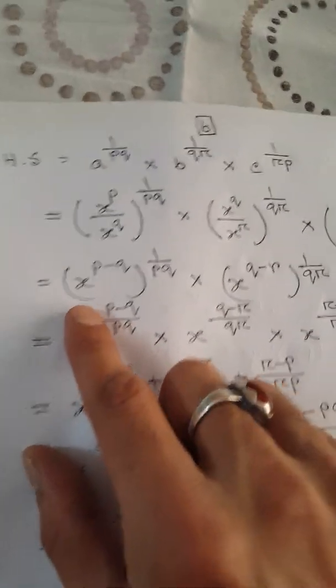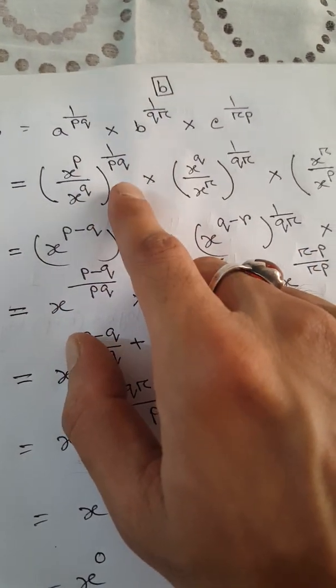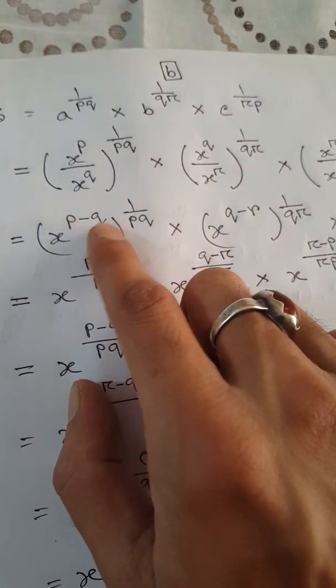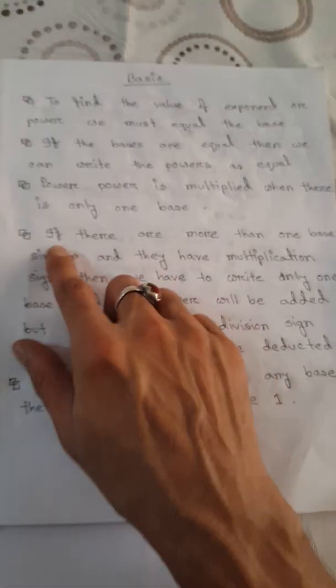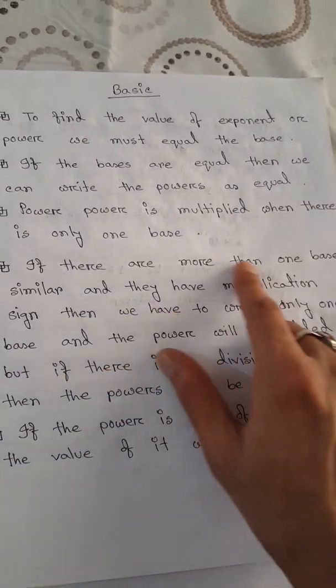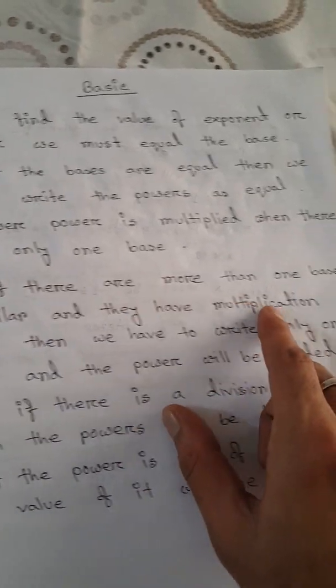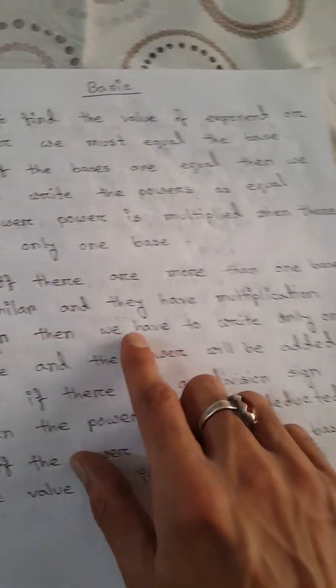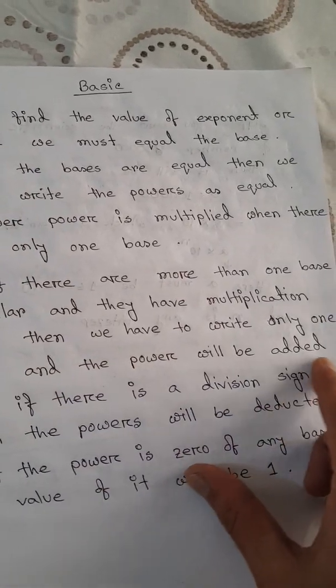Okay, in the third line we write x to the power p divided by x to the power q as x to the power p minus q. Why is that? Here is a simple basic: if there is more than one similar base and they have a multiplication sign, then we write only one base and the powers will be added.